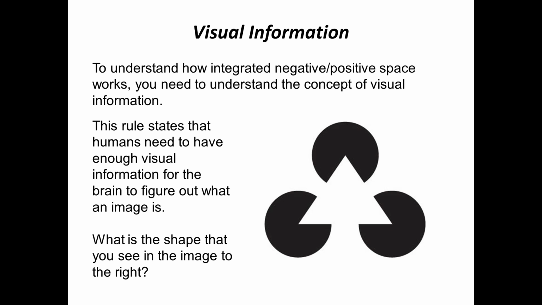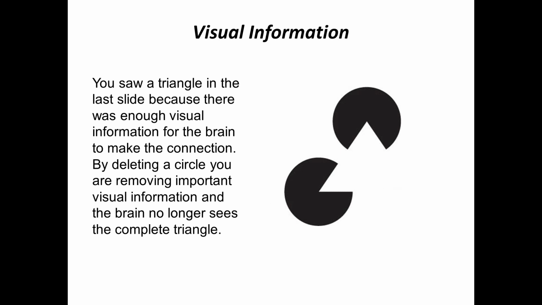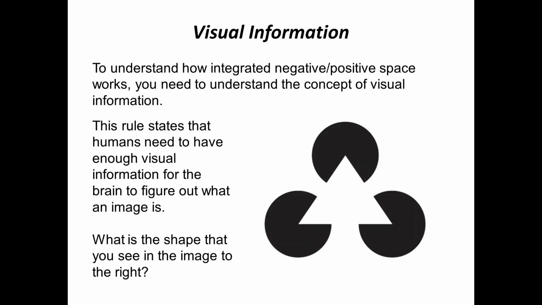So what's the shape that you see over to your right? Well, I hope you said triangle. Now, there was enough visual information between these three dots for your brain to form that triangle.